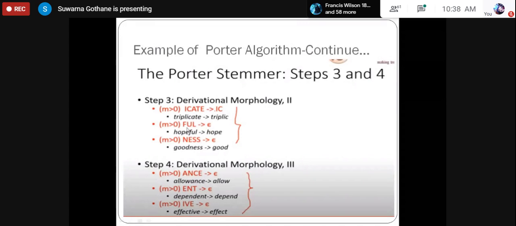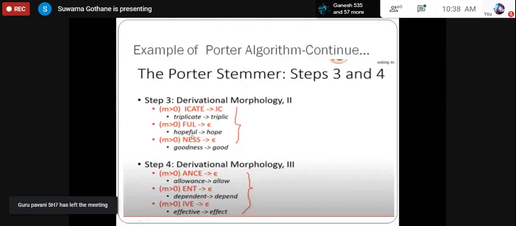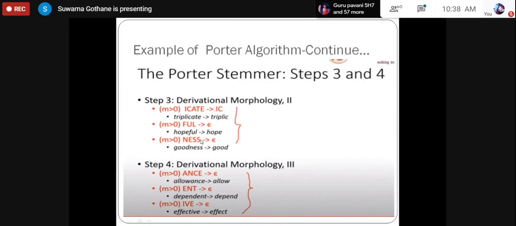So hopeful is one of the words, so we are going to remove the ful. Then ness is also going to be removed entirely, so null or epsilon we can say. Now here also it is going to be removed.